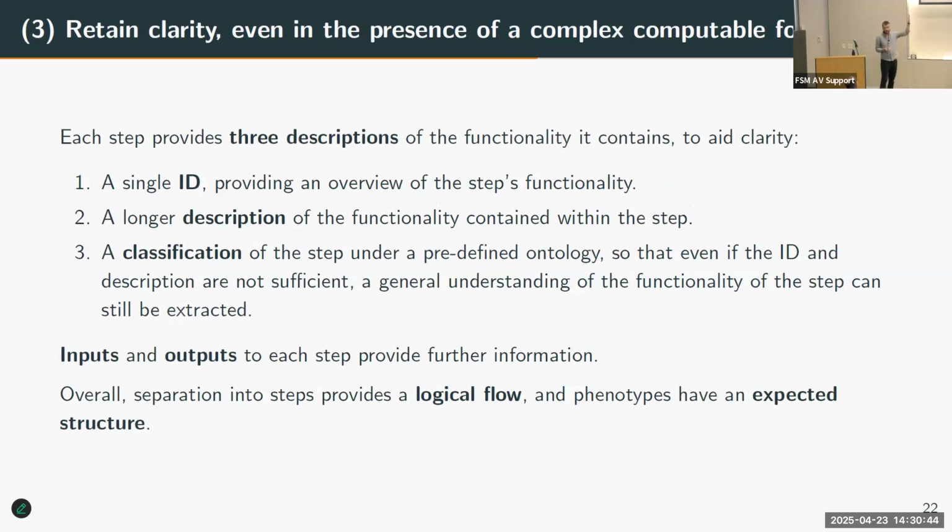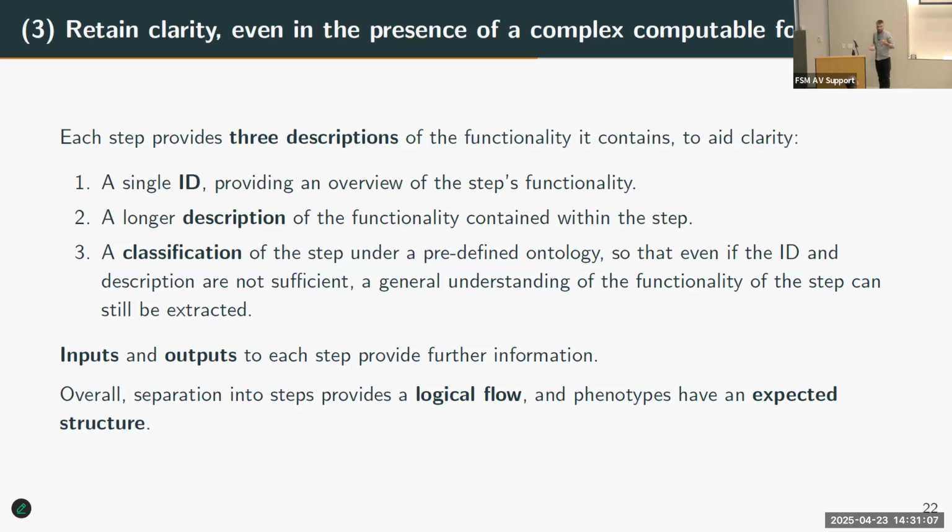You need to elaborate on that summary, with a description of the functionality. And then finally, you need to classify that step under a certain ontology. You need to give it some kind of classification. What type of step is it? What am I trying to achieve in this step? So there shouldn't be any regular expressions that remain undocumented, because you've documented all of this, hopefully, if you're following the Phenoflow model at the abstract layer.